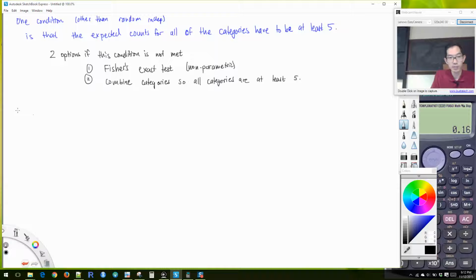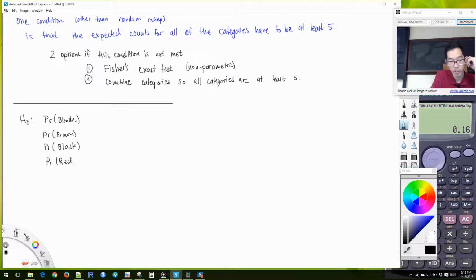All right, so just a simple example. Let's say your null hypothesis has things like the probability that someone has blonde hair, brown hair, black hair, red hair, and other color hair. I'm just making up numbers here, I have no idea.